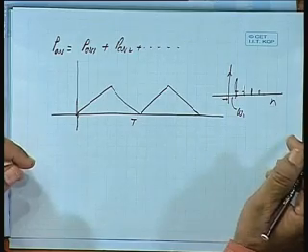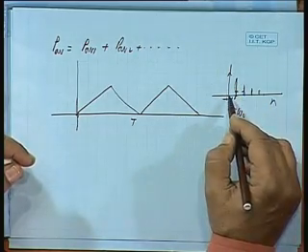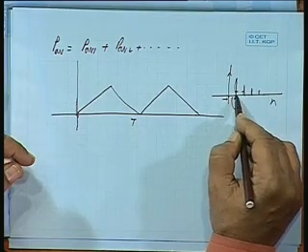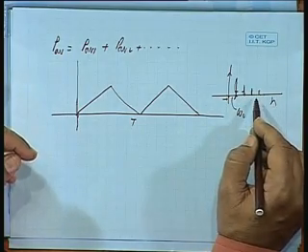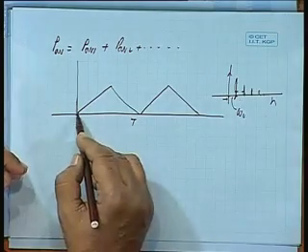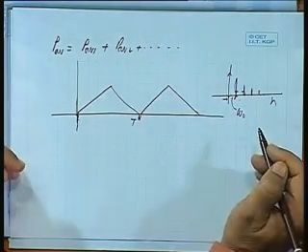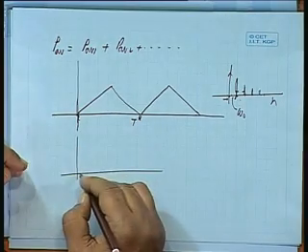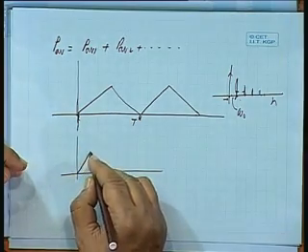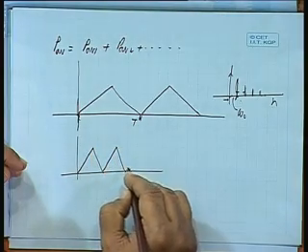This gap is omega naught between two successive frequencies present here. Suppose we consider power frequency 50 hertz, then it will be 0, 50 hertz, 100 hertz, 150 hertz and so on. These are the frequencies present, and that frequency corresponds to this T. 1 by T is that fundamental frequency.